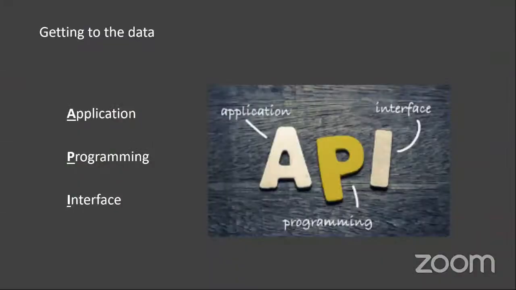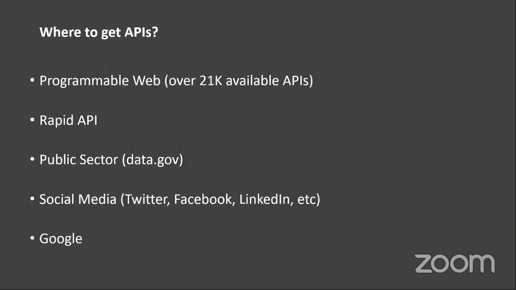And so APIs are the name of the game. They're being used everywhere, from public sector, businesses, social media sites. You can also develop them for yourself in your own company to be used both internally and externally. Some of these are free, which is what we'll see in a little bit, and some are from paid services.